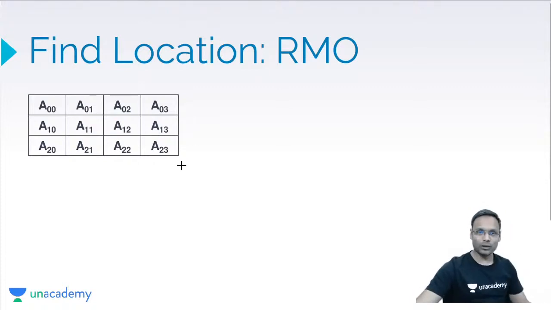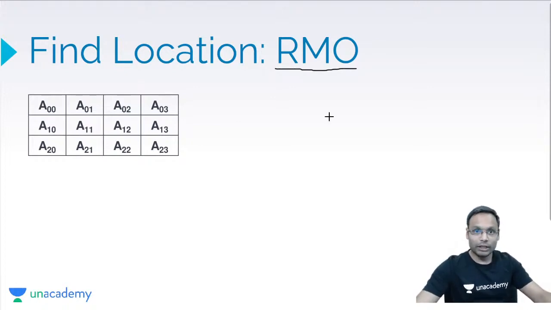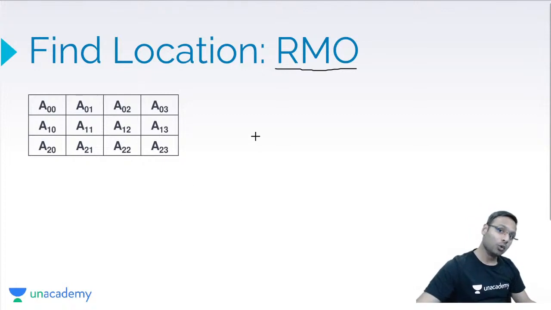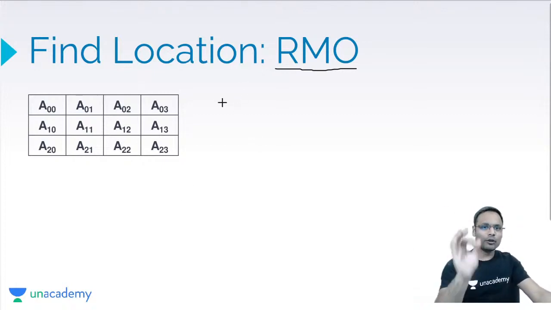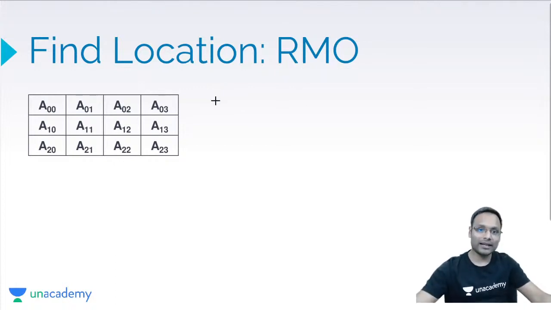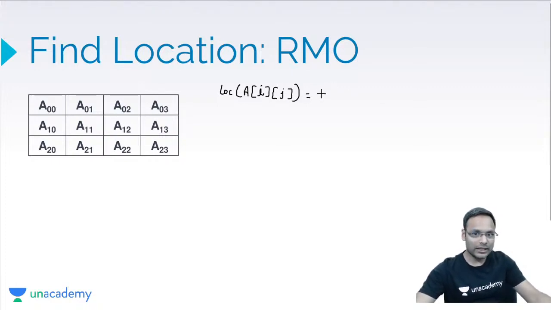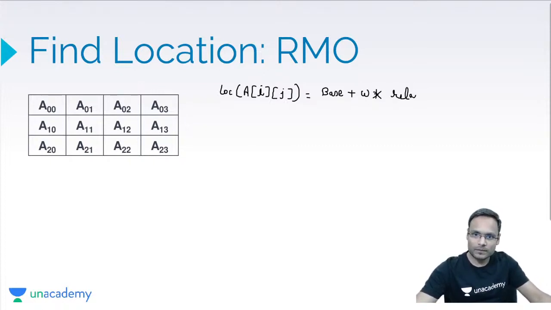Look at this. First of all, if it is row major order, if you remember my simple formula which I told you before, for the location of any element you are finding, suppose you are finding the location of an element which is in row I and column J. What you need to do is write the most common formula: base plus W into the relative index of that element, A of ij.